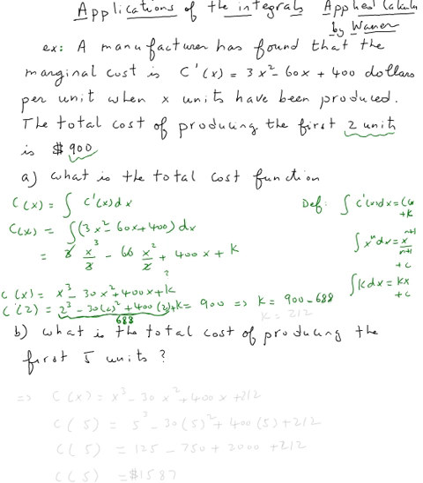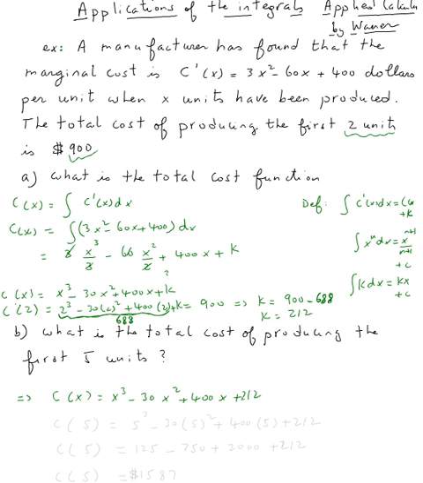So k will be 900 minus 688. So k is equal to 900 minus 688. It will be 212. So let's write it down here. Now we know that the cost function is x cubed minus 30x squared plus 400x, and the constant is 212, so plus 212.